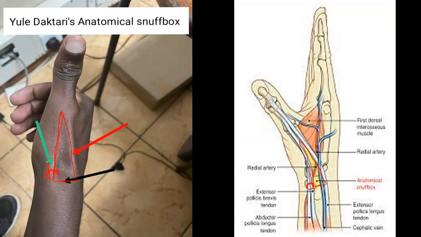Okay, De Quervain's tenosynovitis. Okay, so if you want to do a steroid injection to treat De Quervain's tenosynovitis, you inject the needle. The needle should be directed towards those two tendons, don't inject extensor pollicis longus.